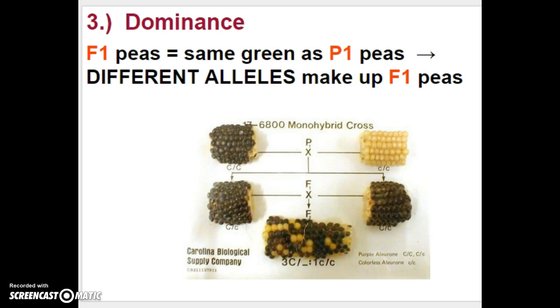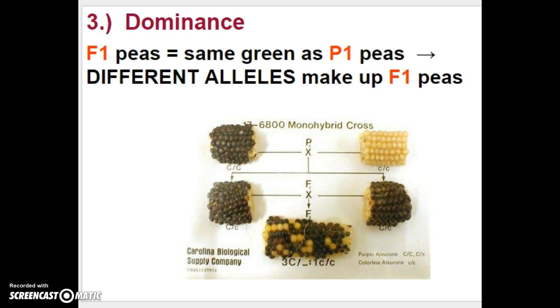So what Mendel realized was that the F1 peas were the same shade as the P1 peas, but different alleles made up that F1 generation, different forms. So here we can see with corn, believe it or not, purple is actually a dominant color for ears of corn, and yellow is recessive.